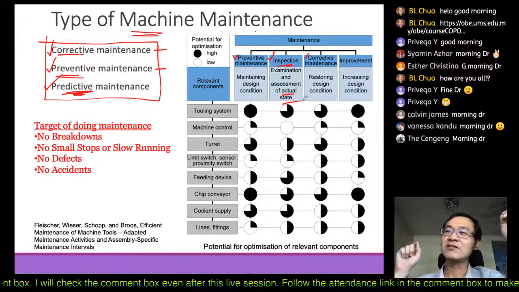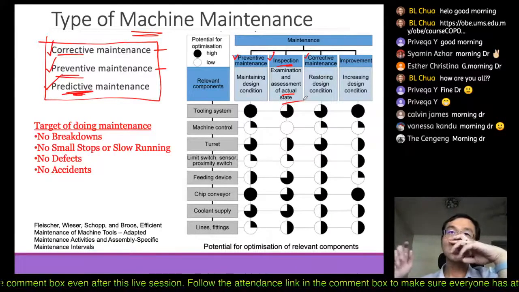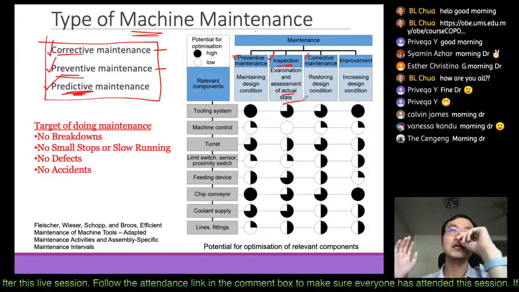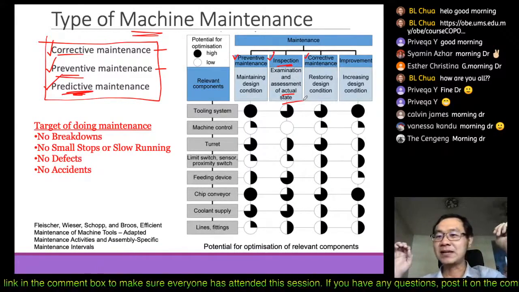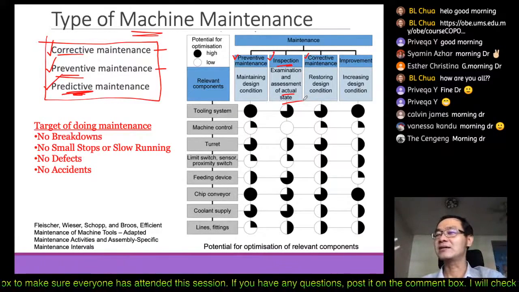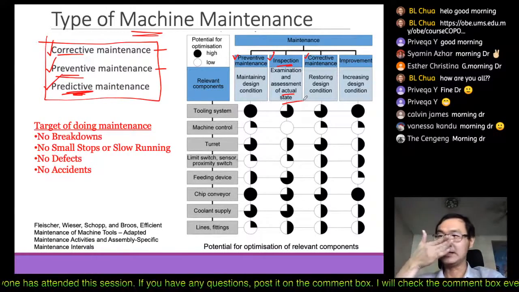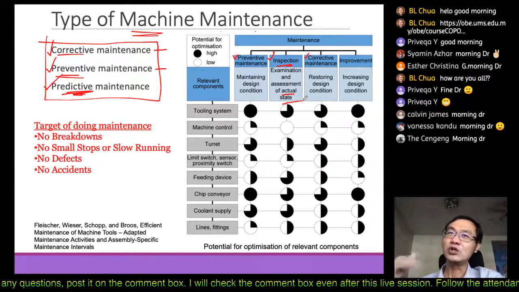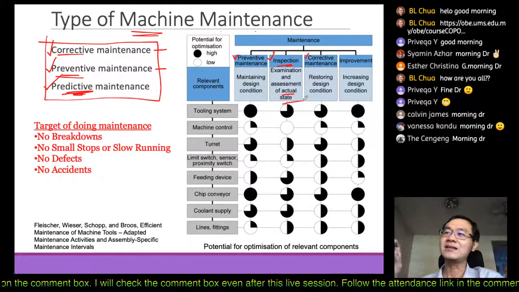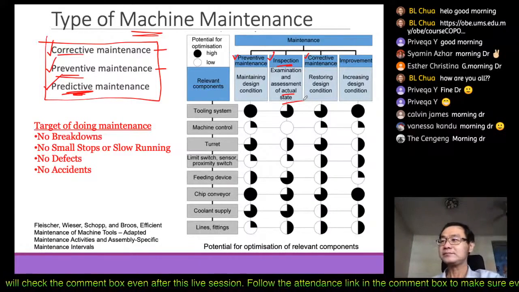So this predictive maintenance is useful for those expensive components that may be hard to reach, or maybe easy to reach, but you want to predict before it fails, and you want to replace or maintain it before it fails, right?